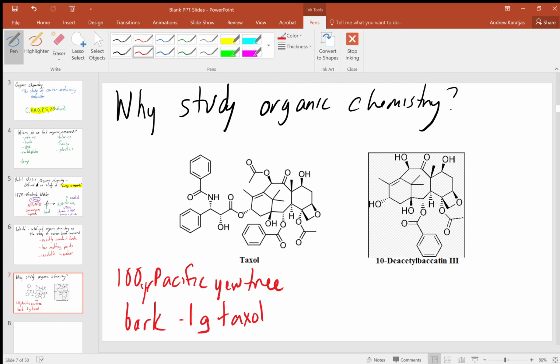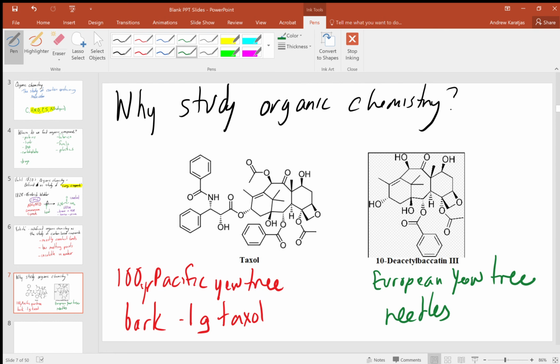So what was the alternative? Well, now we see this other molecule on the right, 10-deacetylbaccatin III. This is also found in a yew tree, but comes from the European yew tree. But it's found in the needles.